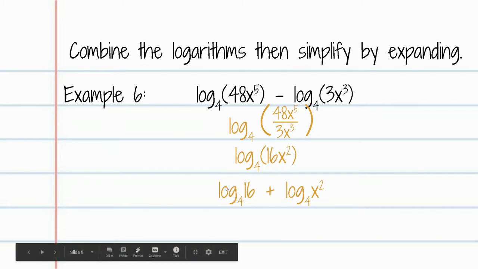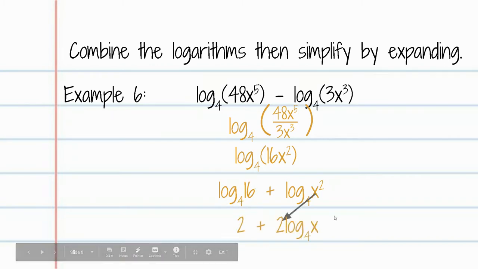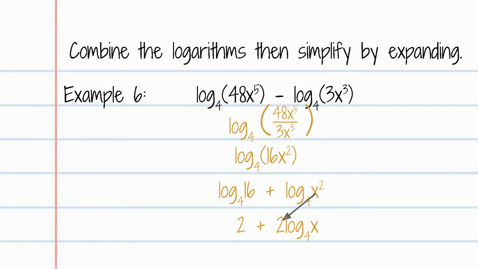And over here, what power of 4 gives us 16? 2. And then the x squared, that 2 from the x squared is going to come out front here. And that's it. And we couldn't have gotten here if we hadn't combined those first and then separated them.